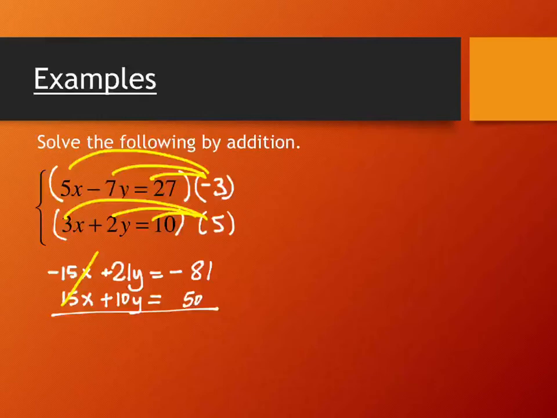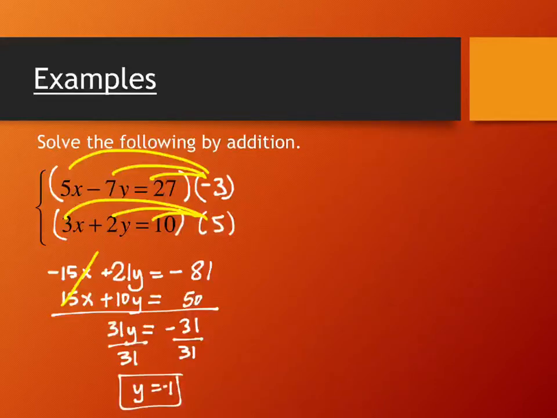And then I add the remaining pieces together, sort of like addition from first grade, where you just add straight down. So 21y and 10y would be 31y. Negative 81 and positive 50 would be negative 31. And when I divide by my 31, what's y? Negative 1. Sorry, there's the negative.